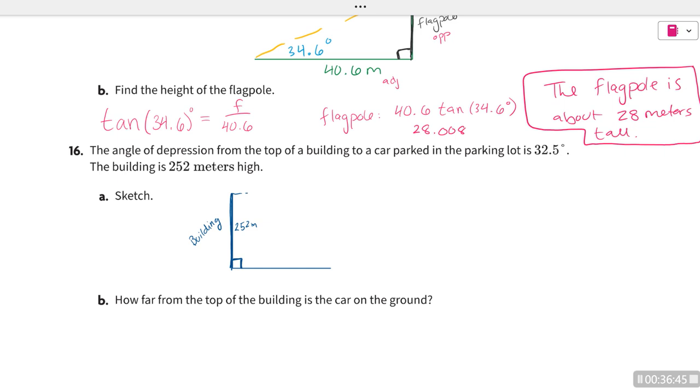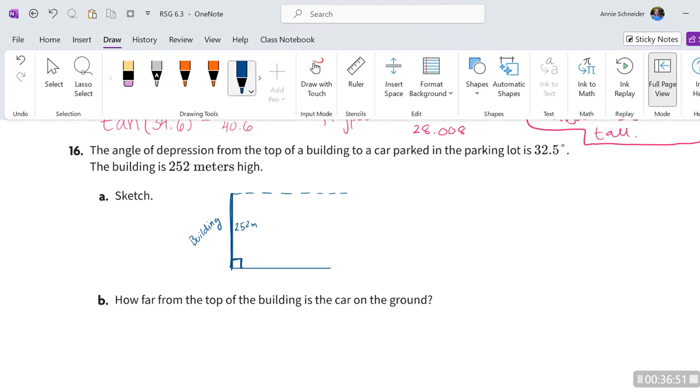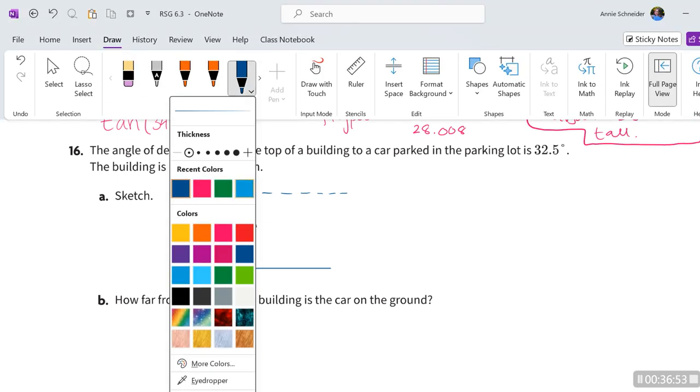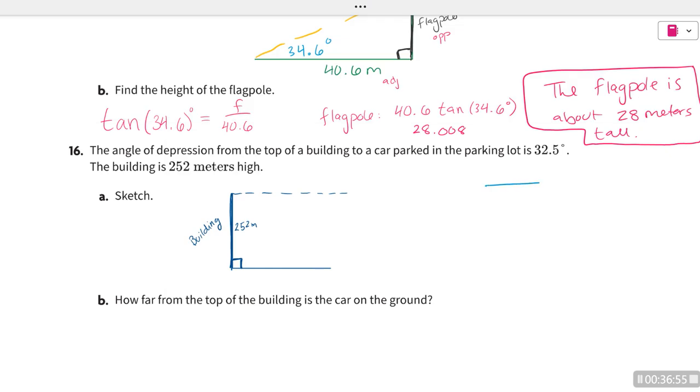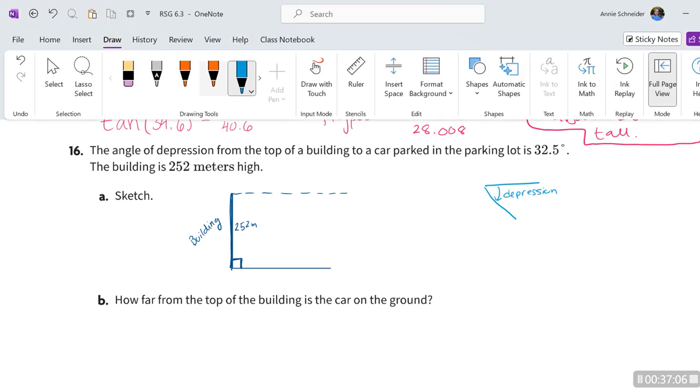Now, I'm actually going to draw more of a rectangle here because it says angle of depression. So that depression means we're looking down. So angle of depression from a flat surface is downward. So we have to be careful because that doesn't always fall inside of the triangle.